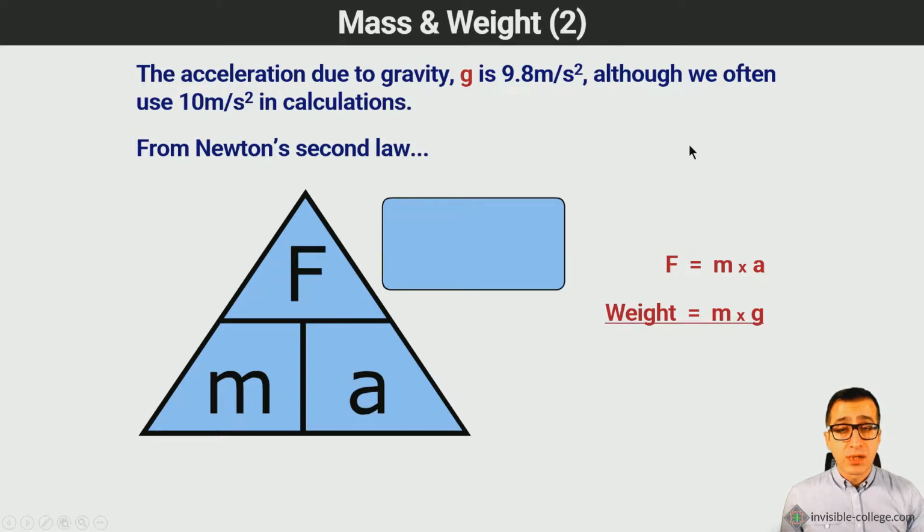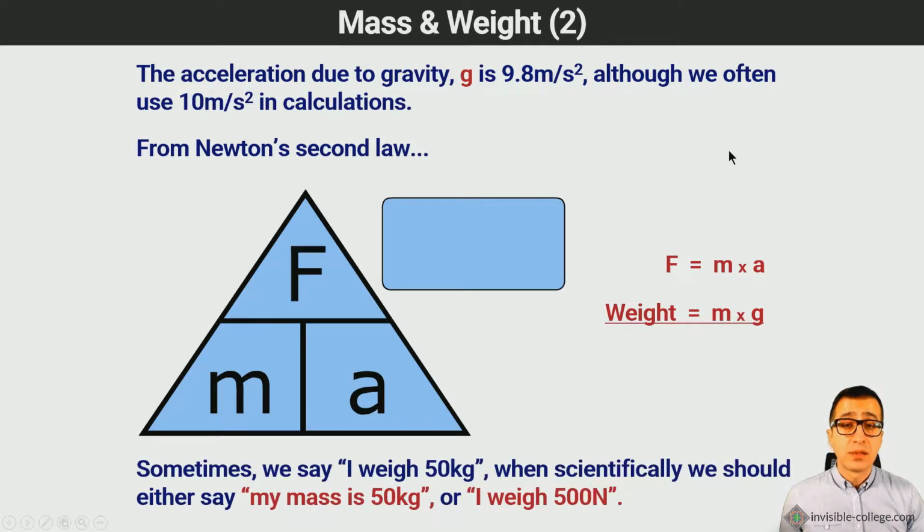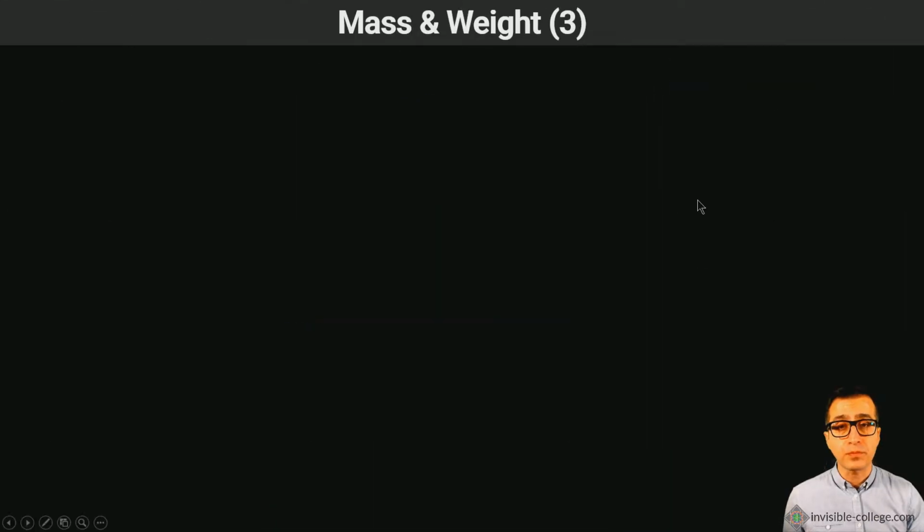Sometimes people will say, I weigh 50 kilograms, when really what they should say is that their mass is 50 kilograms. Actually, their weight, if we're approximating g to be 10 meters per second squared, as we often do, would be 500 newtons or thereabouts.